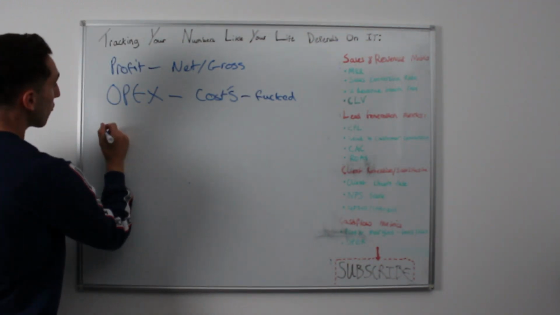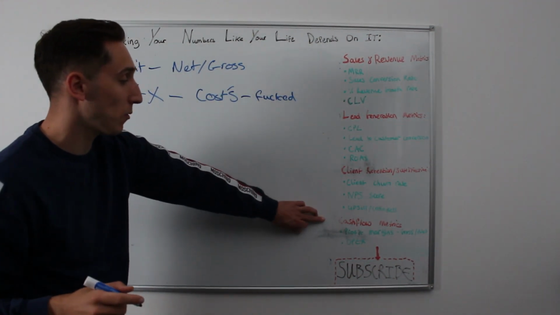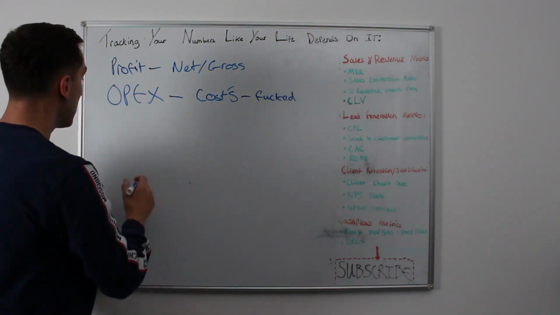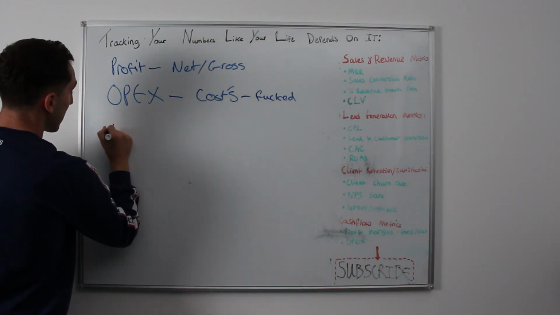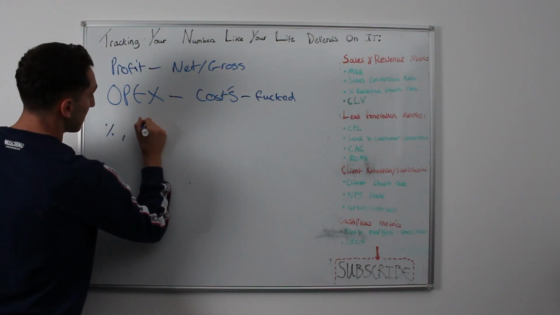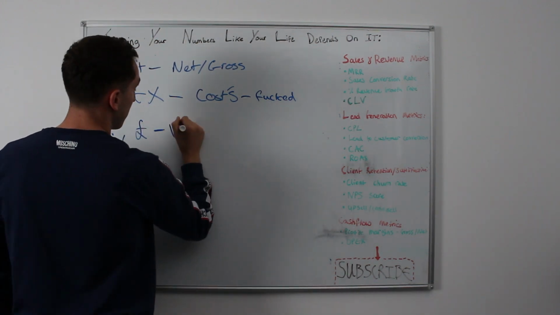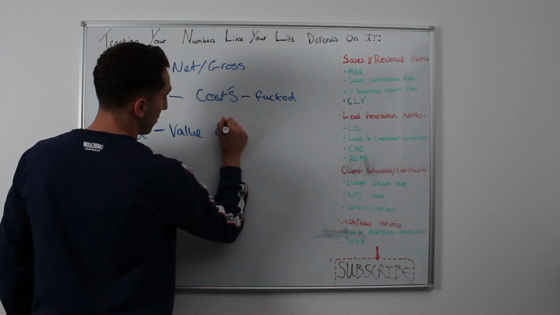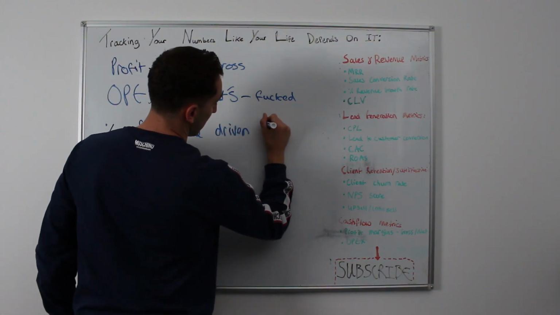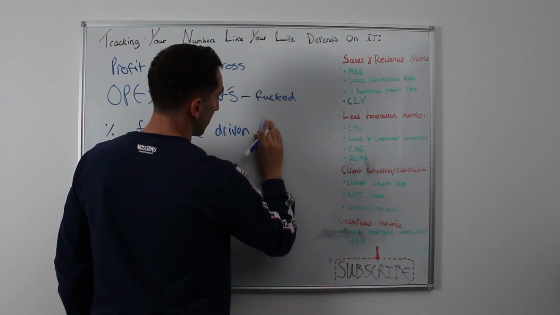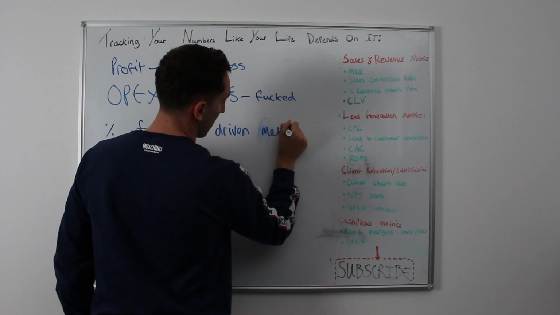Now, the reason why it's so important to make sure that we're measuring cash flow metrics is because, again, we can break this down in percentages. We can break this down into numbers, and we can actually create a value-driven, let's say, metric to scale.